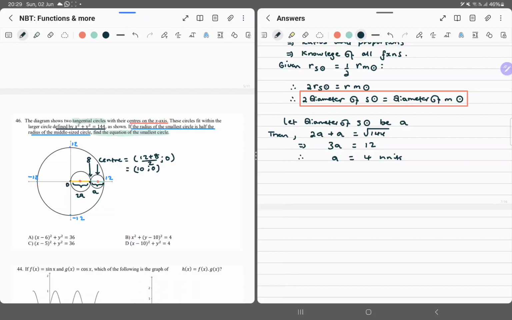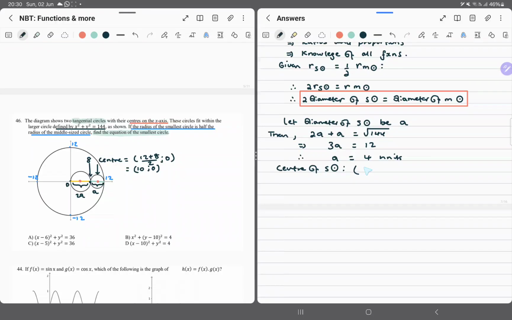So we can say essentially then the center of the smaller circle is going to be given by the value there and the value at the end.